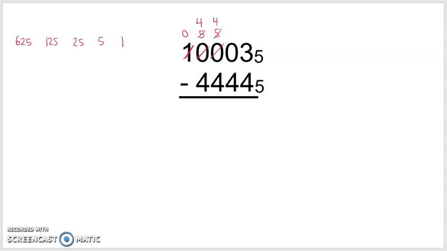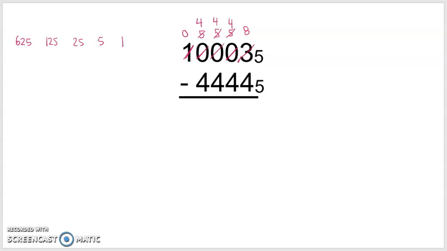And I borrow that down to the 5s column, so there's 5 there. And finally, I can borrow into my 1s. I take 1 5, which leaves me with a 4. And that would give me, remember, you don't add a 10, you're adding 5. There's 5 1s and 1 5. So I'm going to take that 3, I'm adding 5, that would give me 8.